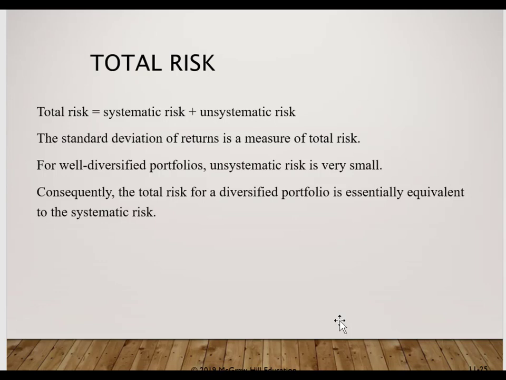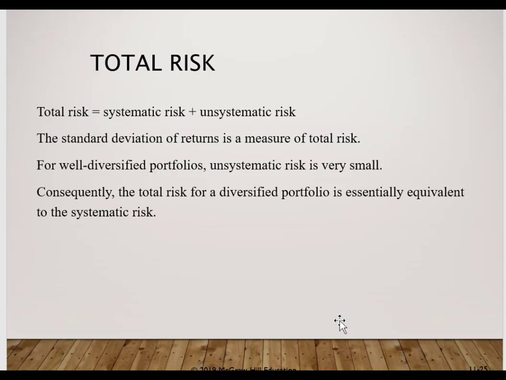If you have a portfolio that's got 30, 40, 50 stocks in, it is probably a fairly well-diversified portfolio. In that portfolio, the unsystematic risk should be very small. So the total risk for a diversified portfolio is essentially equal to the systematic risk.